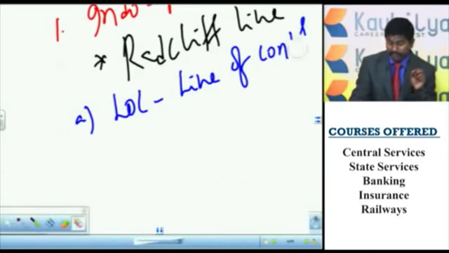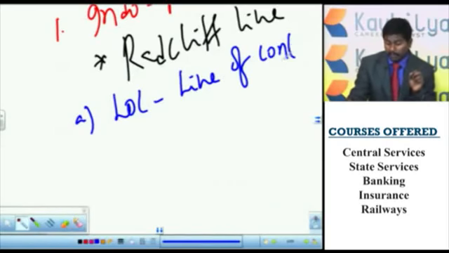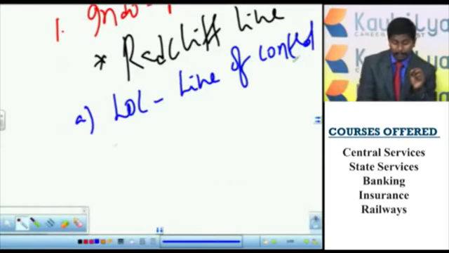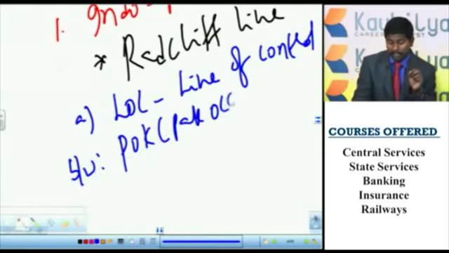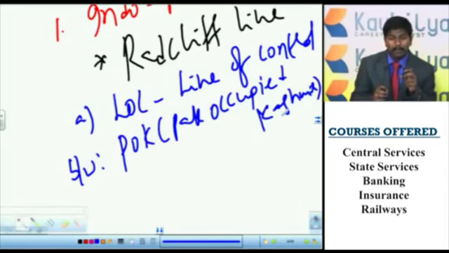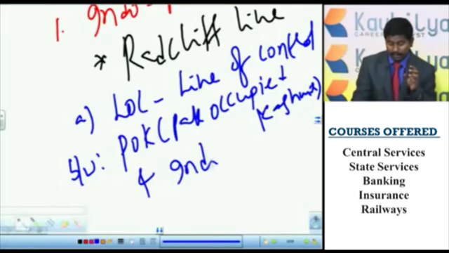This line of control is between POK, Pak occupied Kashmir, which Pakistani people occupied forcefully without any legality, and India, that is the Jammu and Kashmir of India.